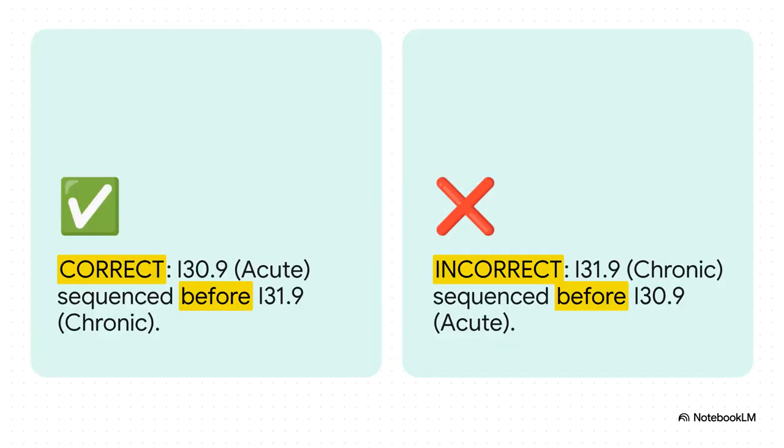So the takeaway here is that because the index serves them up cleanly at the exact same level, your sequence must rigidly follow the acute first law. The correct coding is K81.0 for the acute condition sequenced first, followed by K81.1 for the chronic condition sequenced second. If you flip them so the chronic code comes first, you are in direct violation of Section IB8.